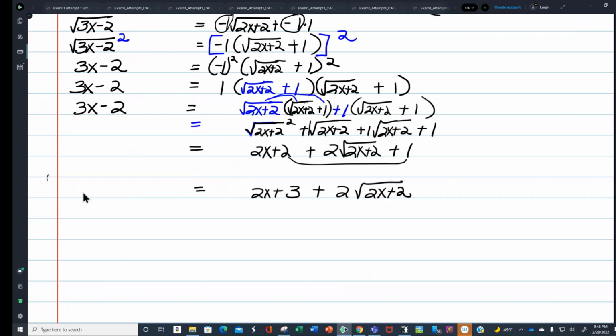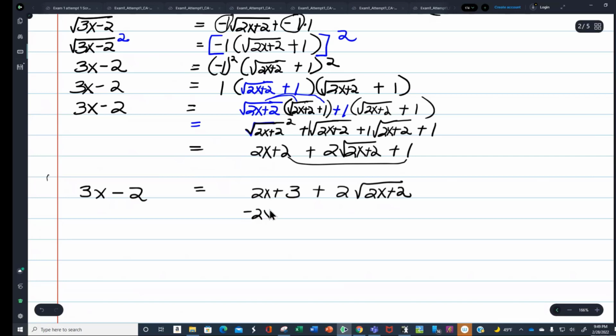I come back over here, 3x minus 2. Okay. Well, I've got a square root that needs to be isolated, so we start this whole cycle all over again.